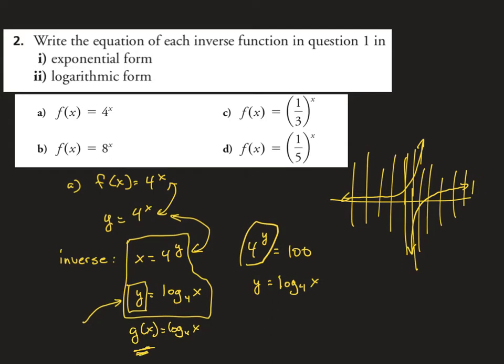Remember, f of x, g of x, h of x is reserved only for functions. So you have to make sure it passes the vertical line test before you can name it. It's kind of like a symbol to your reader that they can trust that they're going to get only one answer each time they plug in an x value.